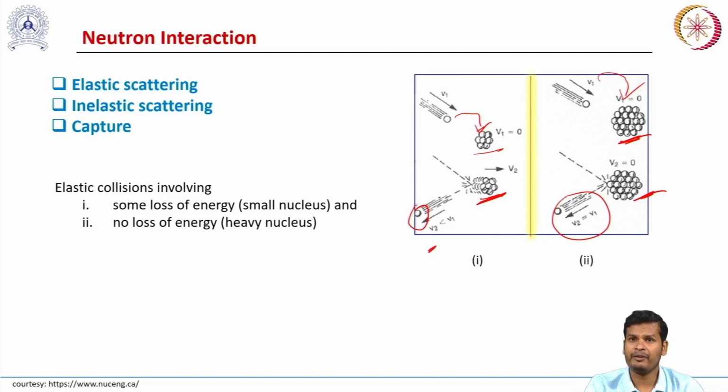So whenever a neutron collides with the nucleus of hydrogen, it is going to lose the maximum energy. That's why if you have more hydrogen content, then the fast neutrons will be converted to epithermal, then thermal neutrons at a faster rate. If you have less hydrogen content, then the fast neutrons will be converted to epithermal and thermal neutrons at a lower rate.